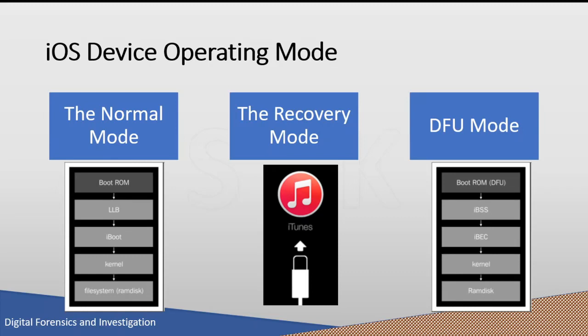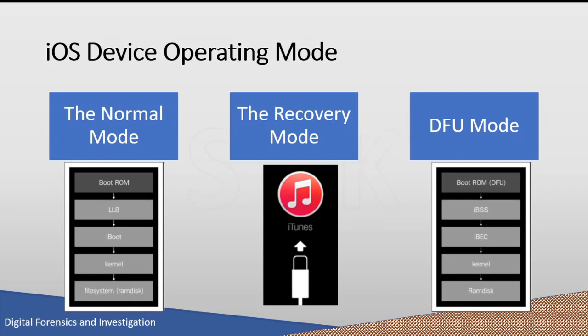The third mode is the DFU mode. During the boot up process, if the boot ROM is not able to load or verify the low-level bootloader, which is known as LLB, then the iPhone displays a black screen. This mode is known as Device Firmware Upgrade, DFU mode.